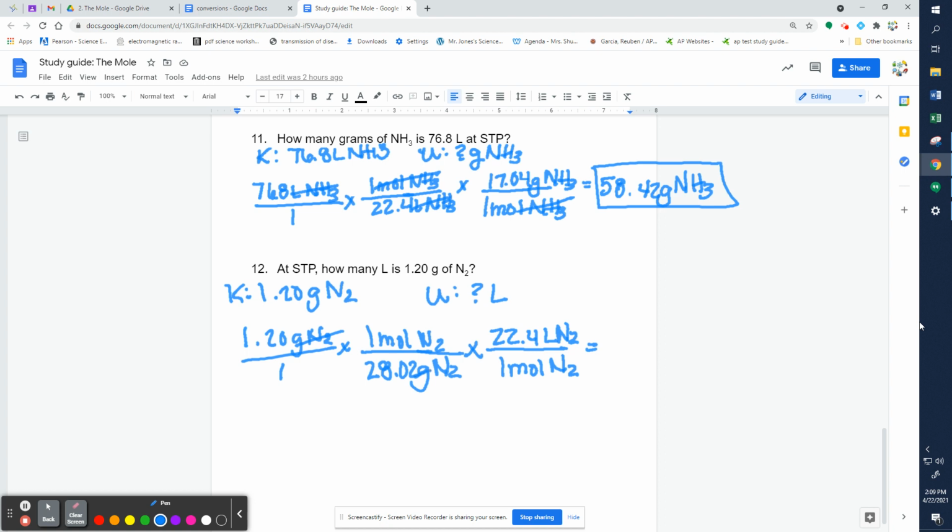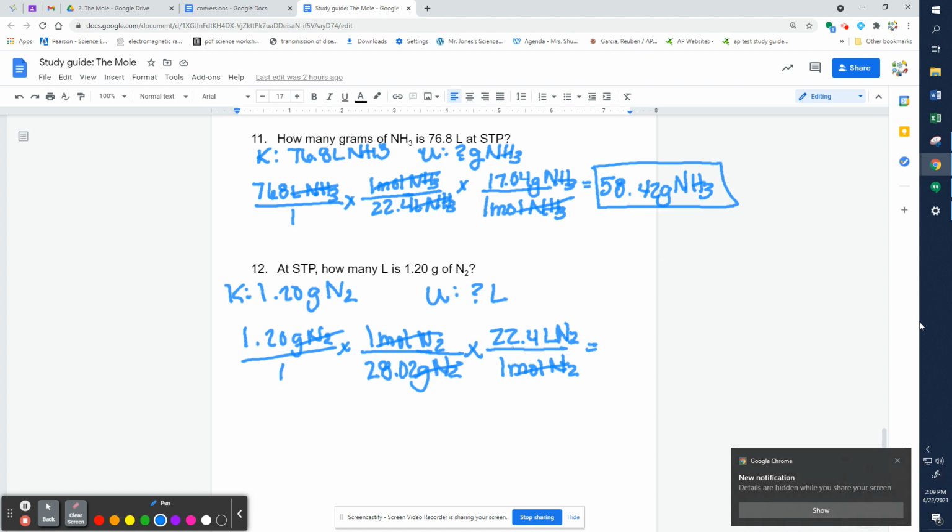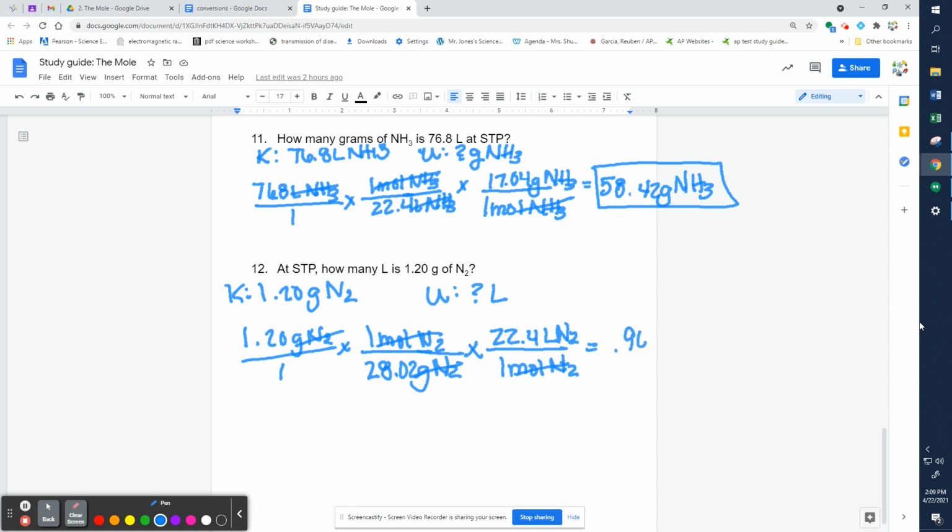Looking at my units, grams are going to cancel, moles are going to cancel. I'm going to be left with liters of N2, which is exactly what I want. Then I have to do the math. Once the math is done, you should get 0.96 liters of N2.